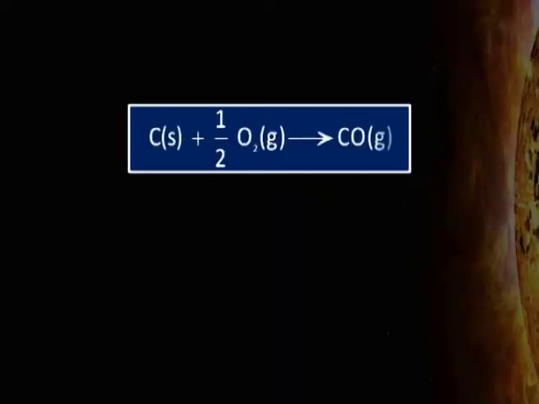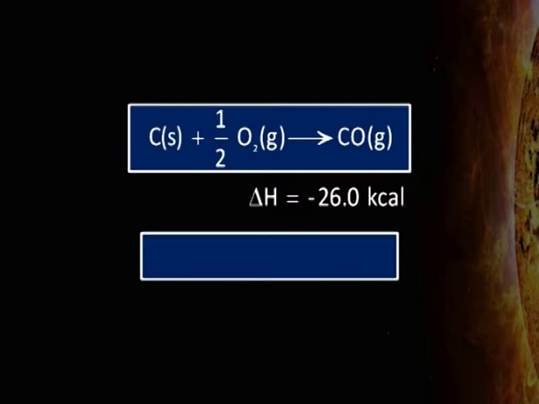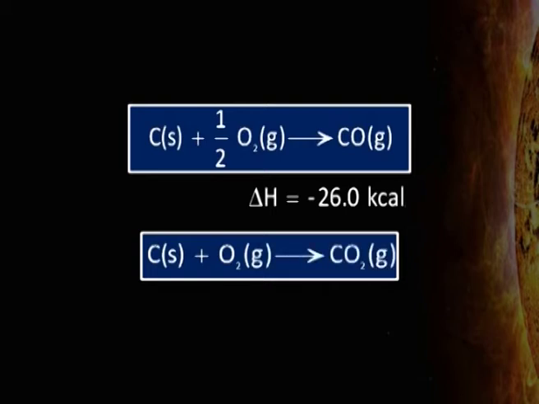In another example, you can consider 2 reactions for the oxidation of carbon. First one is solid carbon plus half O2 gaseous giving you carbon monoxide gaseous. Here delta H is equal to minus 26 kilocalories. In the second reaction, solid carbon plus O2 gas giving you CO2 gas, and delta H for this reaction is minus 94.3 kilocalories.